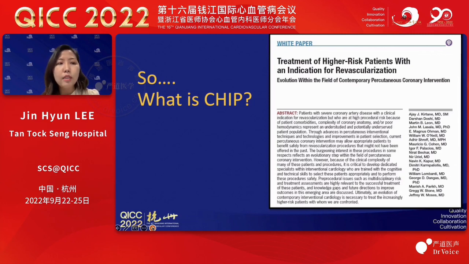So with the rising prevalence of complex coronary artery disease, with the increasing patient comorbidities, and correlated with coronary artery bypass surgery ineligibility, there's a growing number of patients that require complex percutaneous treatment strategies.